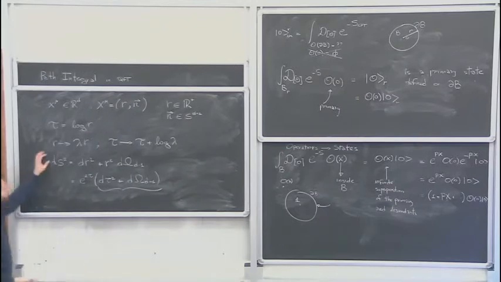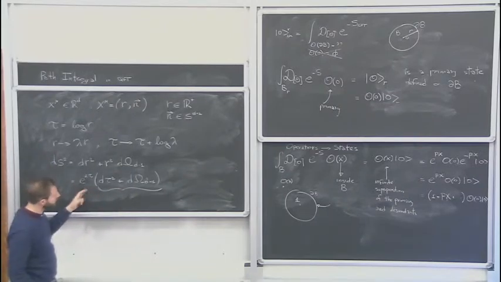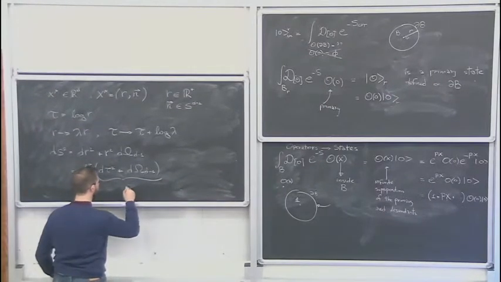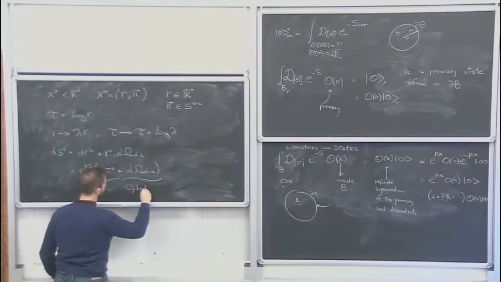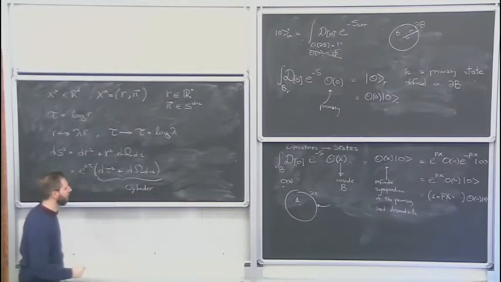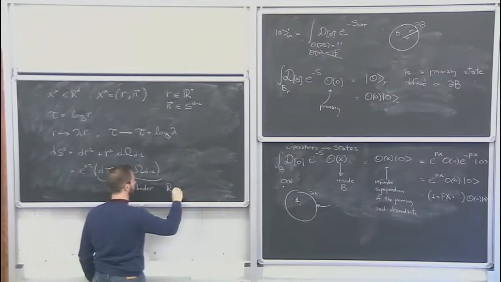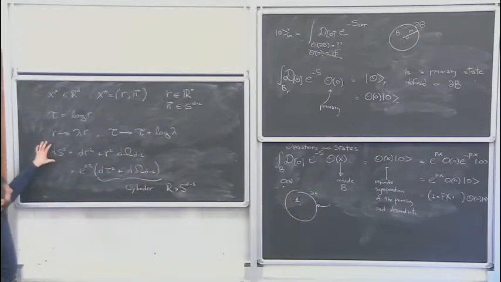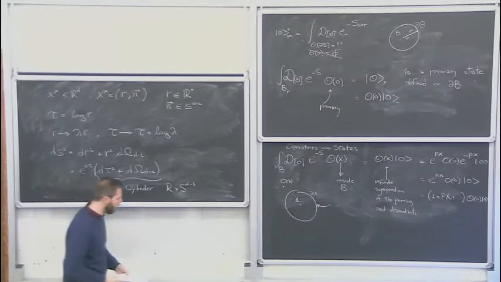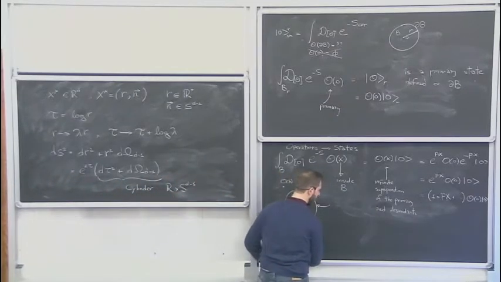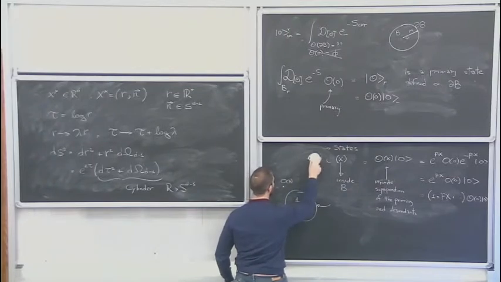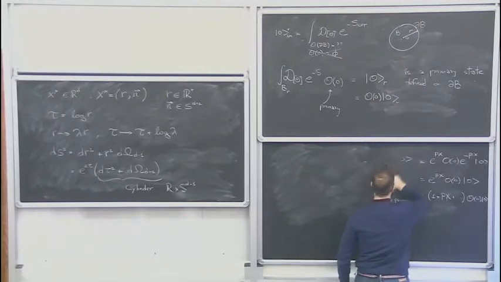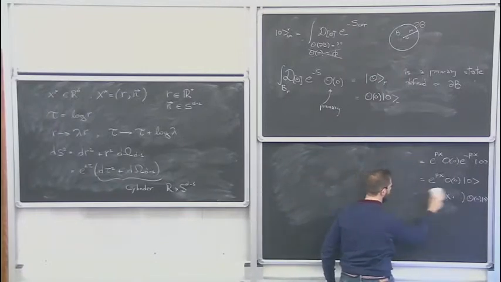So our original metric is conformally equivalent, up to a scaling, to the metric on a cylinder, R times S^(d-1). What this mapping does basically is visualize our concentric spheres not as concentric spheres, but as slices of a cylinder.